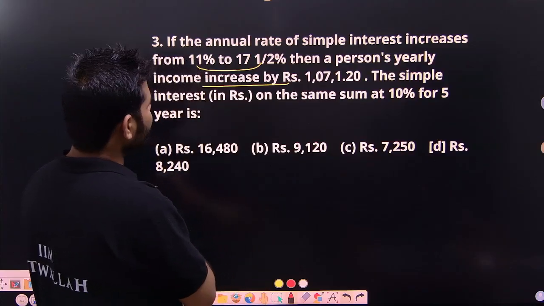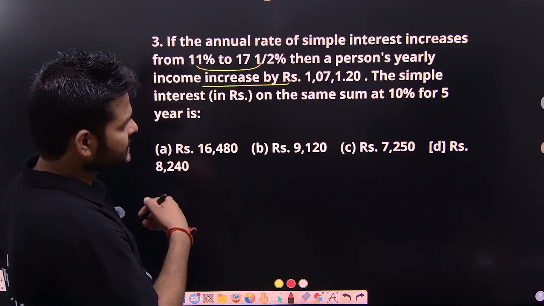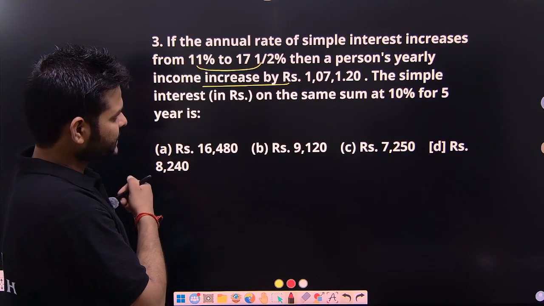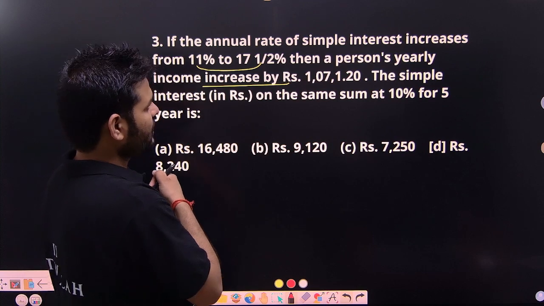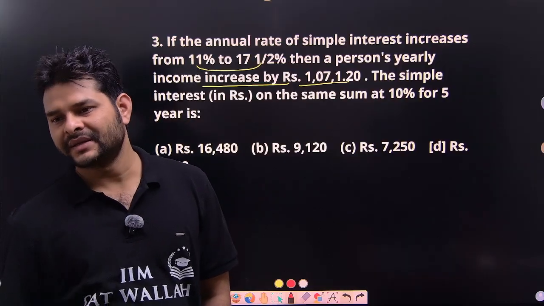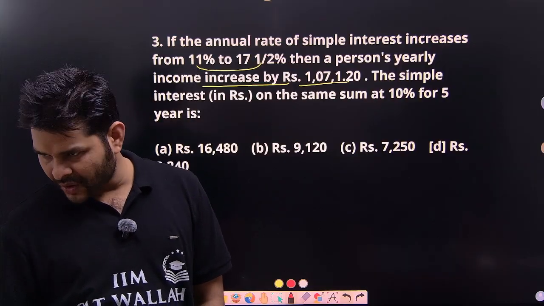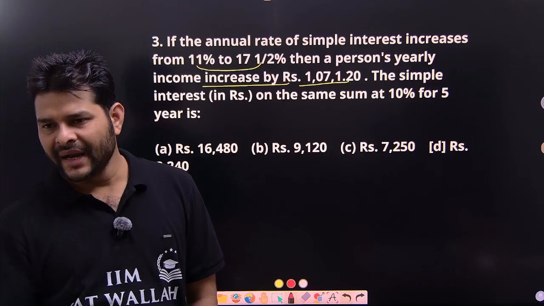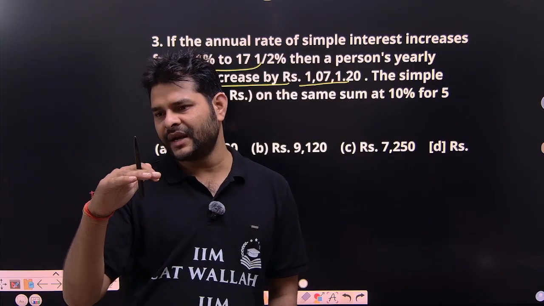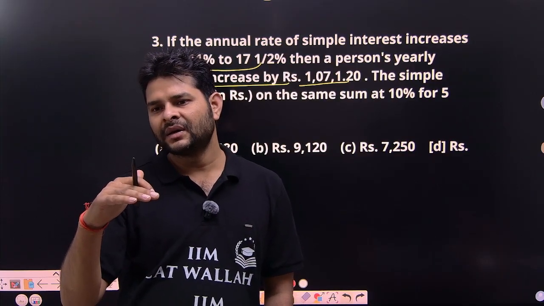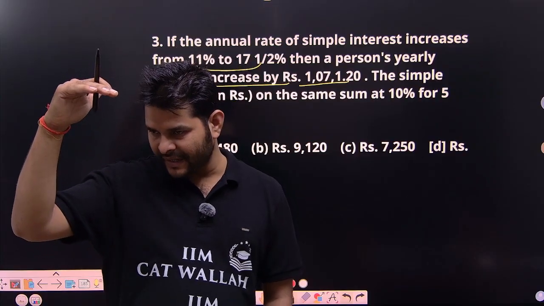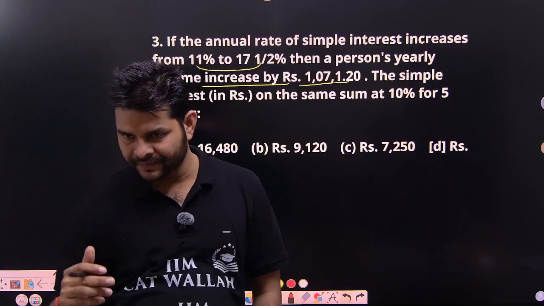The simple interest on the same sum at 10% for 5 years. Basically, income increase means simple interest increase. If I have given my amount to someone and I am continuously taking the simple interest, and suddenly I increase the rate of interest, that means my interest will increase. Indirectly I can say my salary will increase.